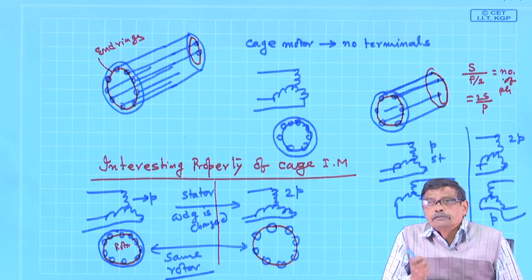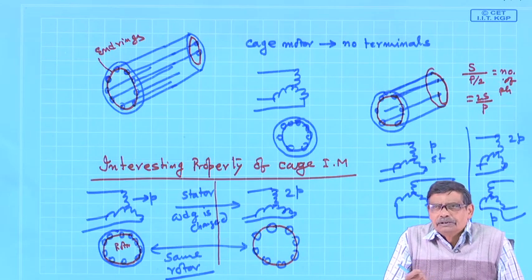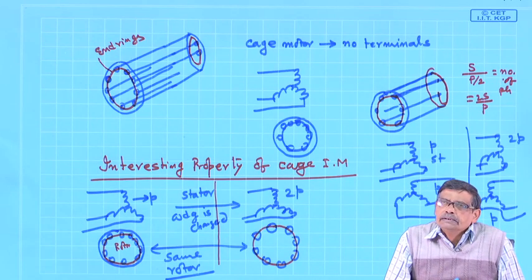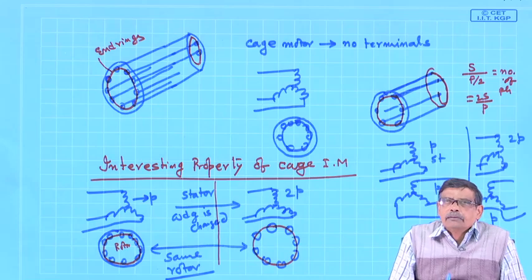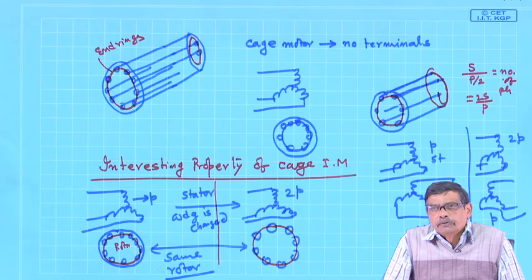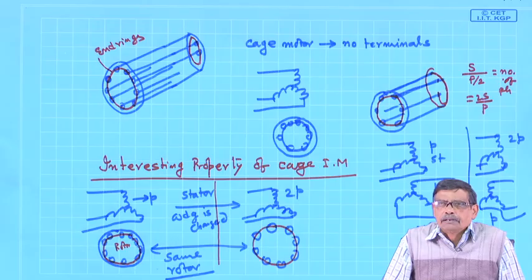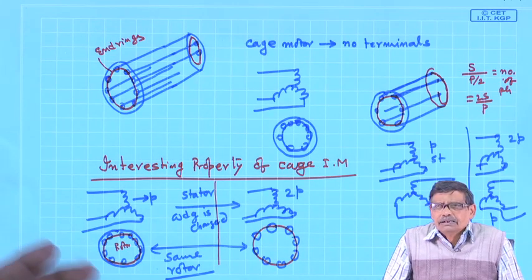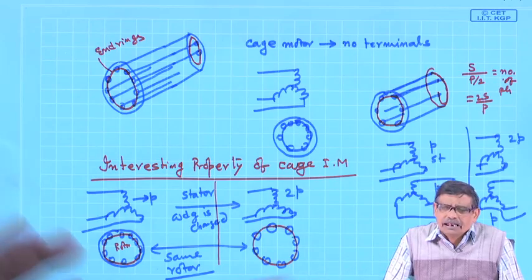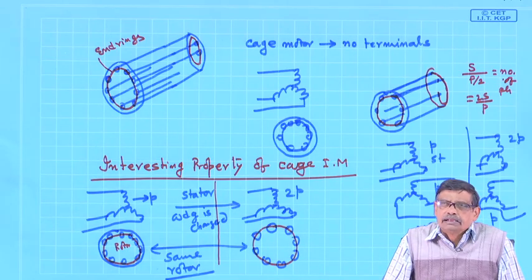Therefore, it is the synchronous speed which is going to decide the speed at which the induction motor is going to run. For example, if it is a 6-pole induction motor on 50 hertz supply, the machine will run below 1000 rpm and close to 1000 rpm, maybe 950 rpm, 940 rpm like that.